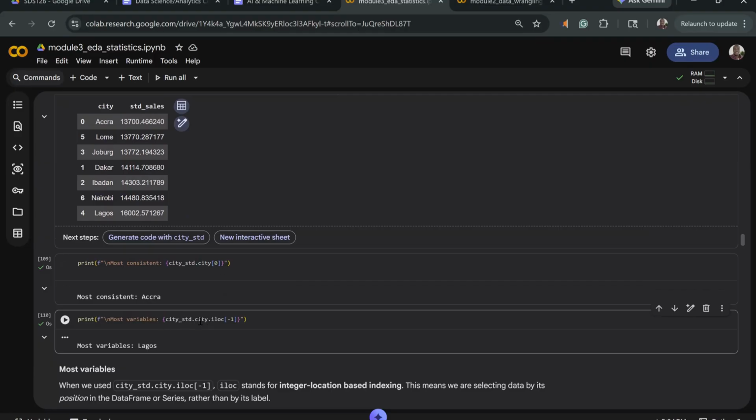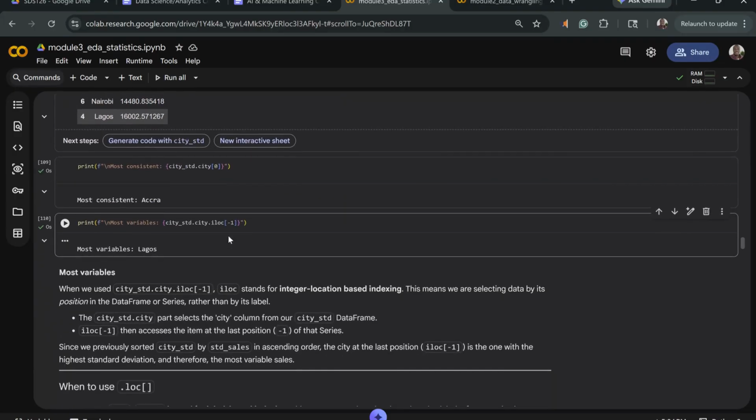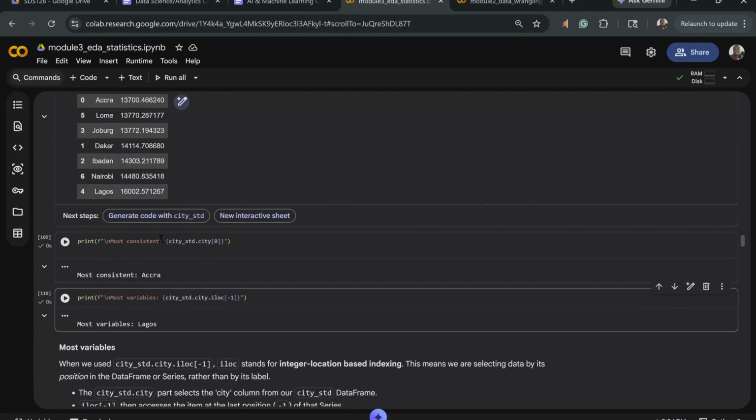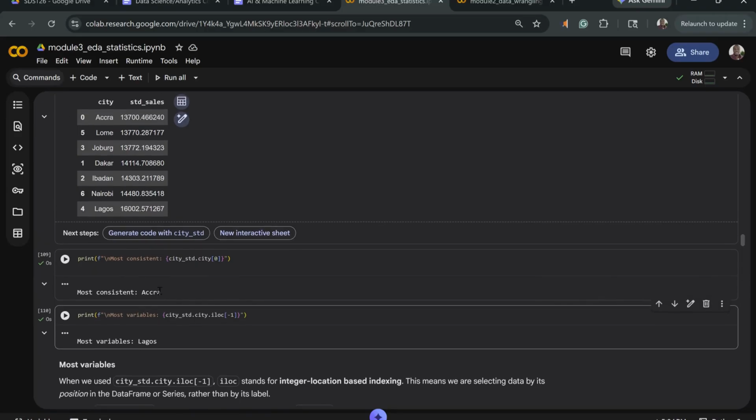And in this one, we just say city iloc -1. So this is integer location. We're using integer location to identify the last one, which is Lagos. And we use just normal indexing here to identify the first one.